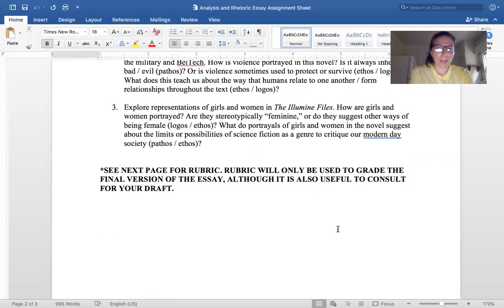Specifically, you might want to look at Katie and her hacker skills, or you might think about the captains of the Hypatia and how they were all women, or even Winifred McCall and how she is the one who kind of resigns in protest over the way that the military has been acting throughout the novel. What do portrayals of girls and women in the novel suggest about the limits or possibilities of science fiction as a genre to critique our modern day society?